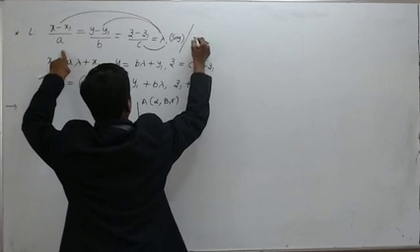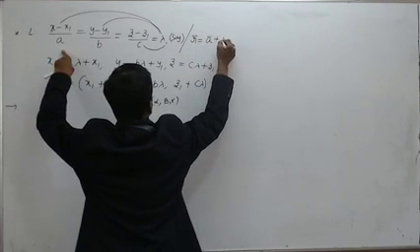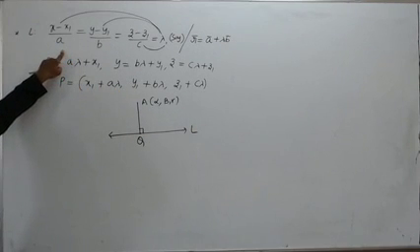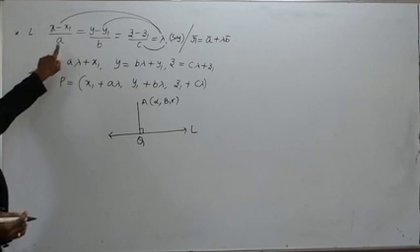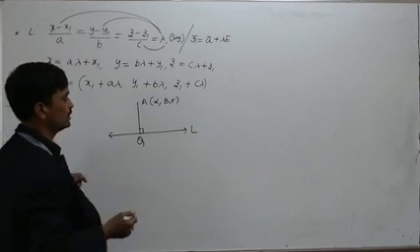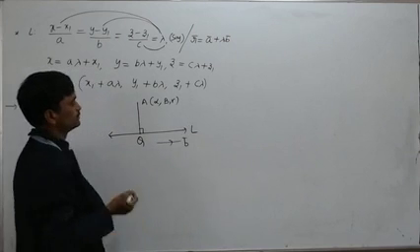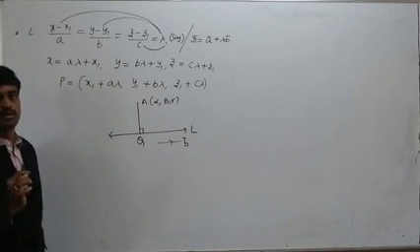In vector form, how can we write this equation? r bar is equal to what? a bar plus lambda into b bar. Am I correct? Okay, so the a bar components become x1, y1, z1, and the b bar components a, b, c. That means this is a line parallel to which vector? b bar. So how to find the coordinates of Q? I'm explaining the method.